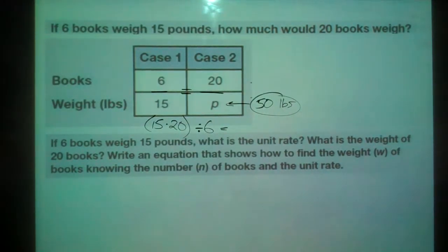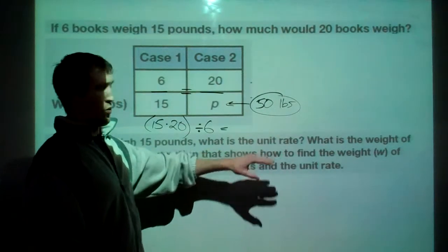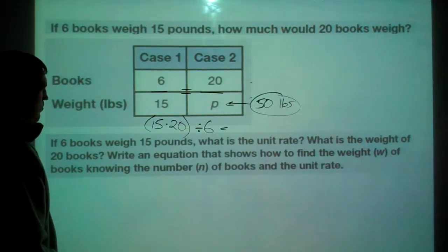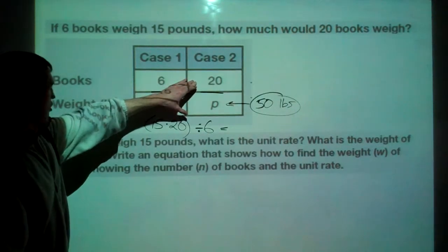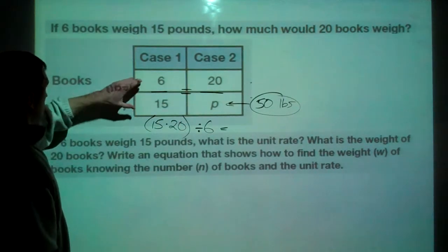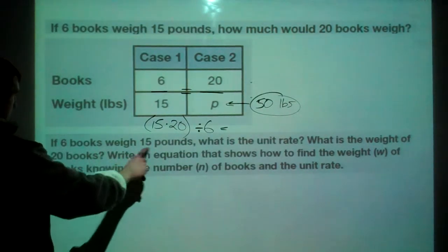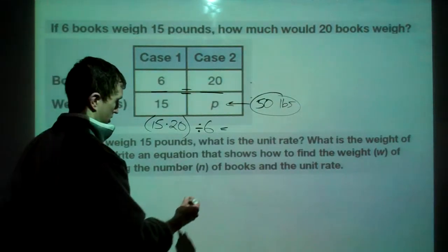Okay. With the proportions. Now they're saying, let's figure out the unit rate. If 6 books weigh 15 pounds, same thing, what is the unit rate? What is the weight per book is what we're looking for. So we can take either of these: 20 books is 50 pounds, or 6 books is 15 pounds. We'll probably use this one. But we want pounds per book, basically.